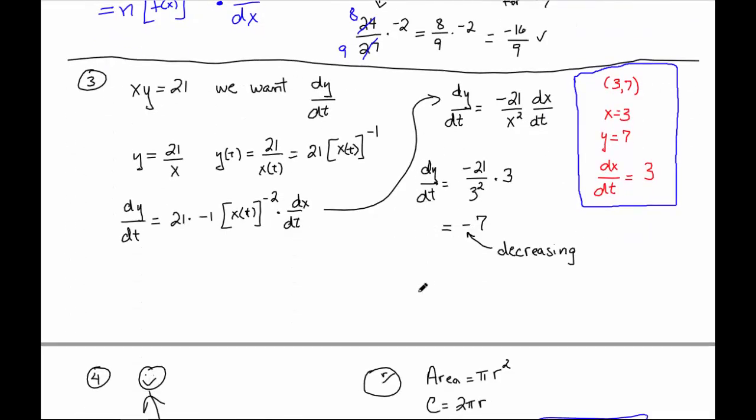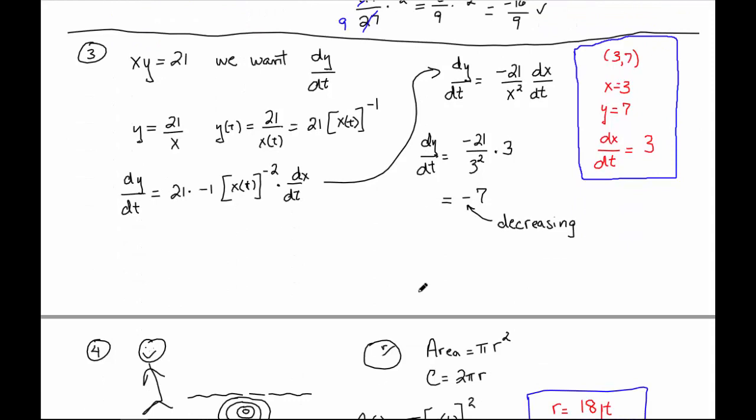All right, in question 3, we have the relationship that x times y is 21. And they want us to find dy dt. First off, I divided both sides by x so that I can get y by itself.